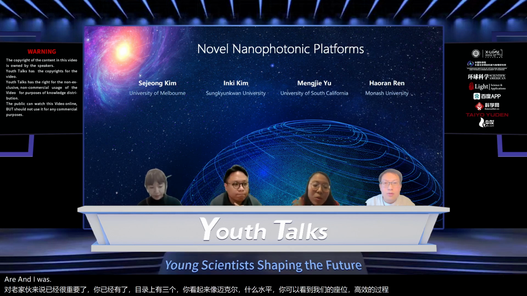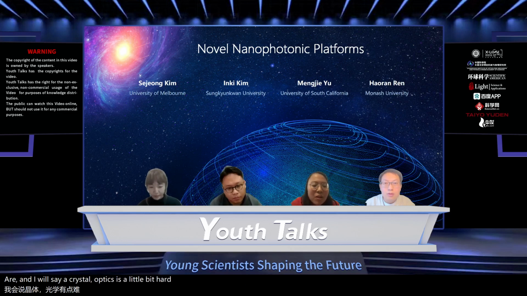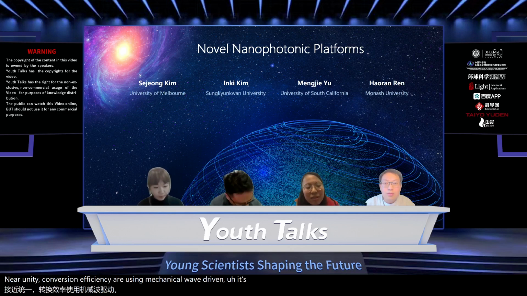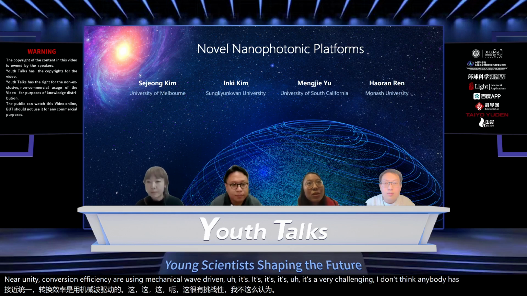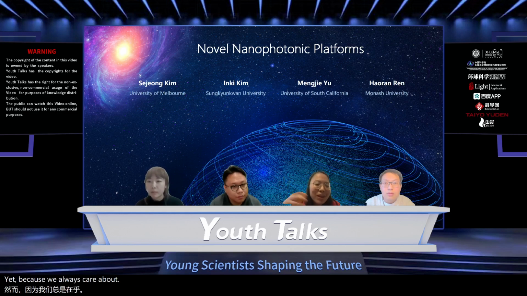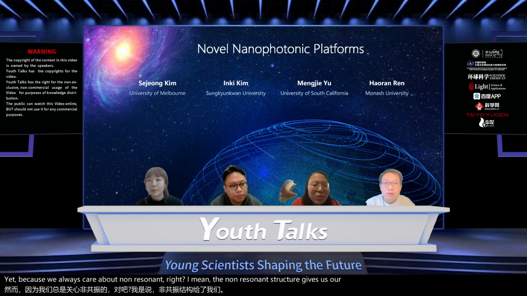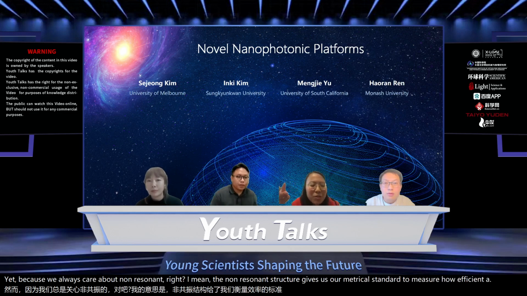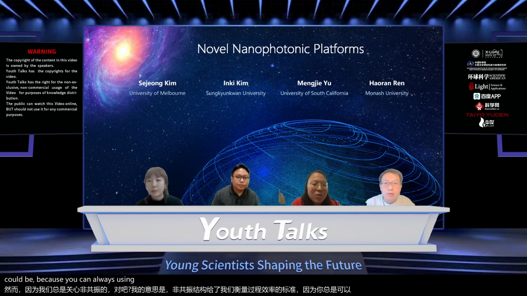And I will say acousto-optics is a little bit hard. Achieving near unity conversion efficiency using mechanical wave driven is very challenging. I don't think anybody has achieved it using a non-resonant structure. Because we always care about non-resonant, right? The non-resonant structure gives us a metric or standard to measure how efficient the process could be, because you can always use a resonant structure with reduced bandwidth to enhance the efficiency.